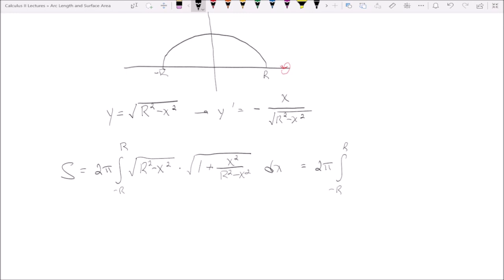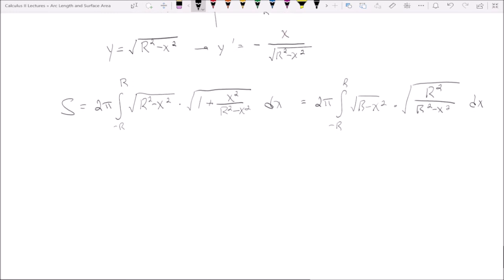Now, let's simplify this. We're going to have the square root r squared minus x squared times the square root of simply r squared over r squared minus x squared.